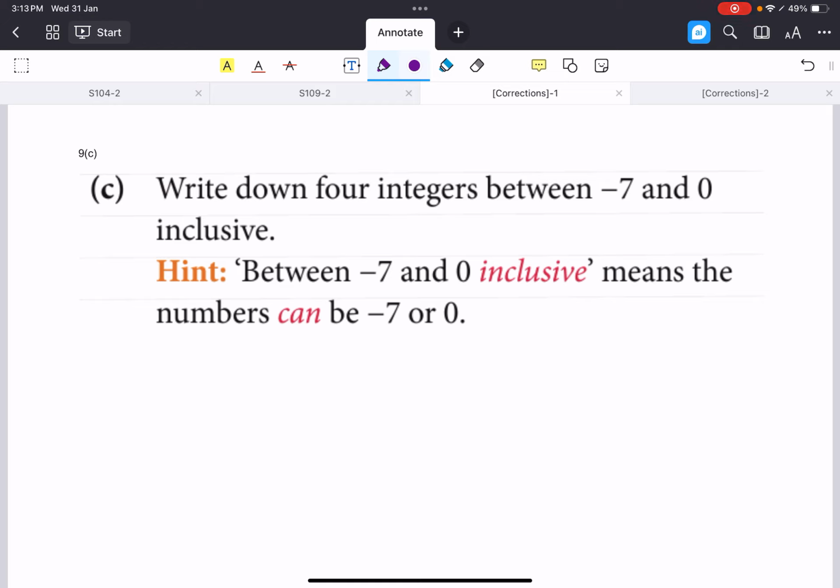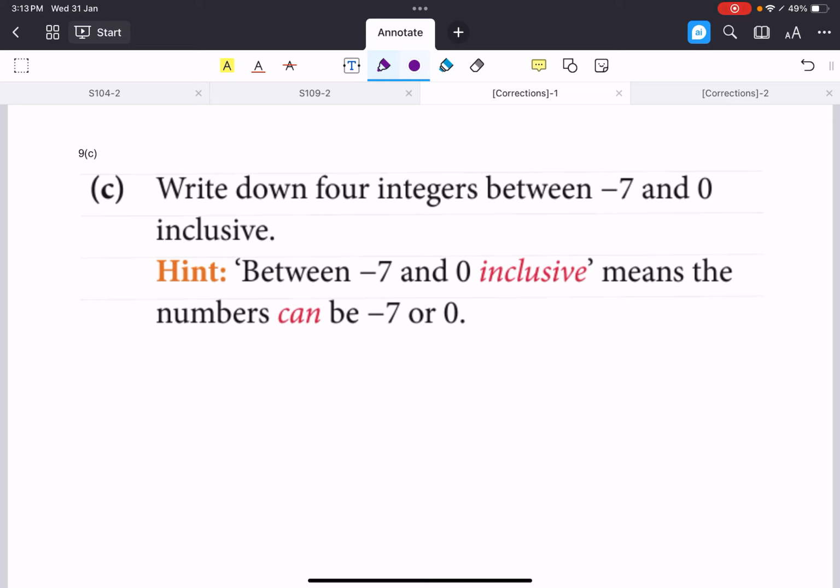So that's the meaning of the word inclusive. It means the numbers that we use to limit the range are included. So when we say between -7 to 0 inclusive, it means it can be -7, it can be 0. If we don't have the word inclusive, it means that -7 and 0 are not part of the numbers we're looking at.